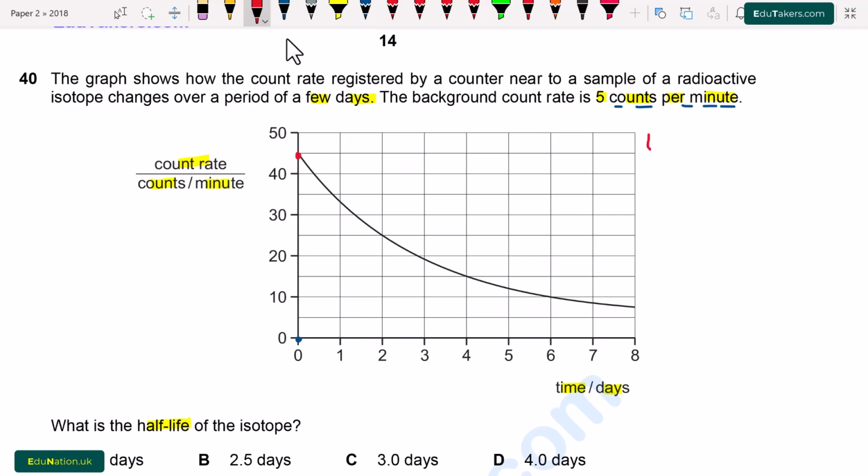So first of all, when the time is 0 days, the reading is 45. I write here time and count rate. When the time is 0, the count rate is 45. When the time is 2 days, the count rate is 25.